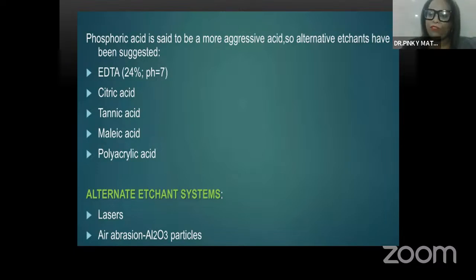So basically, when I use phosphoric acid or an etchant, what I'm aiming at is to increase my surface area by dissolution of some amount of the enamel surface, so that more surface area is exposed and you have more area for bonding.